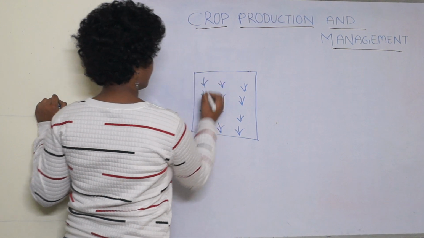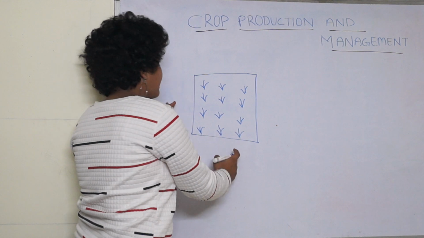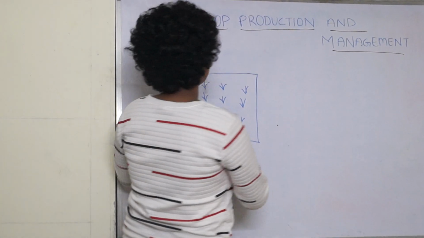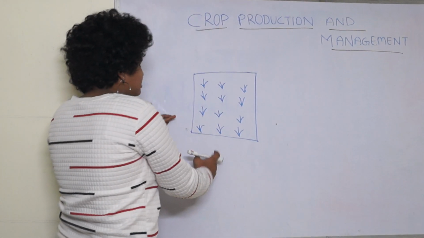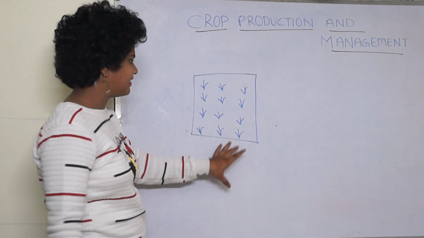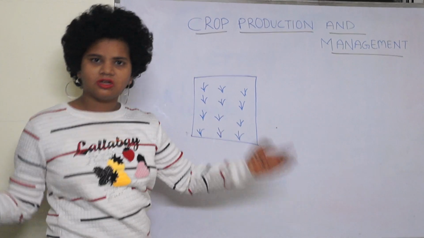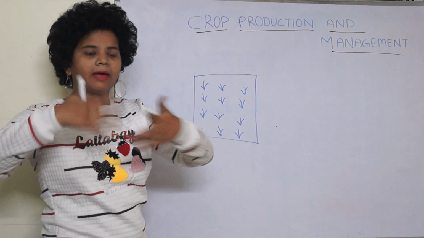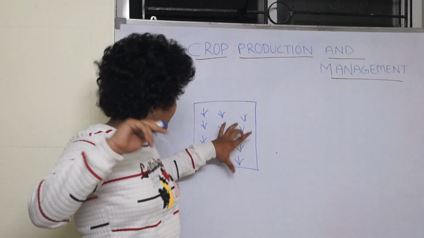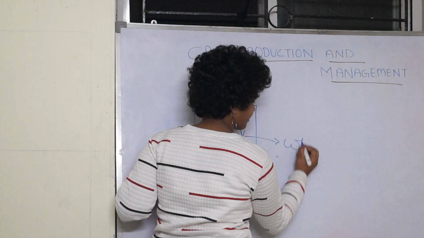And I have a crop. In this particular land, the same kinds of plants are cultivated on a large scale. It's not one plant; it's a big amount of plants. Let us name these plants wheat.